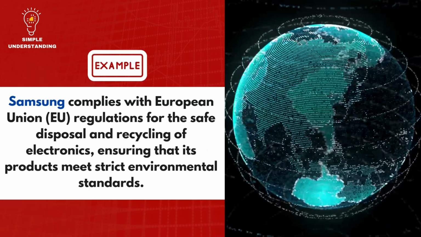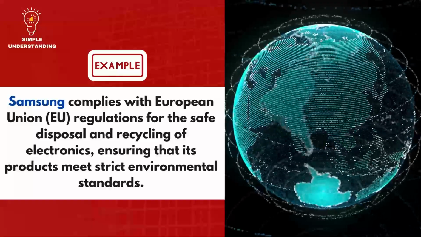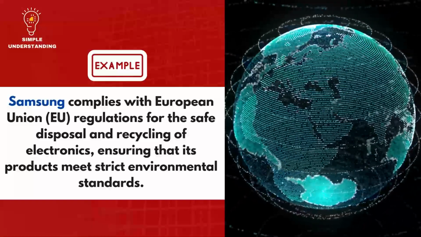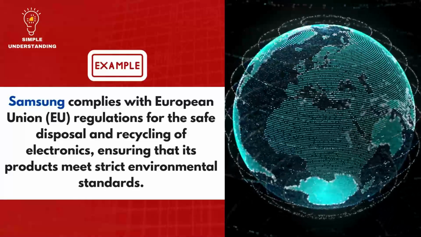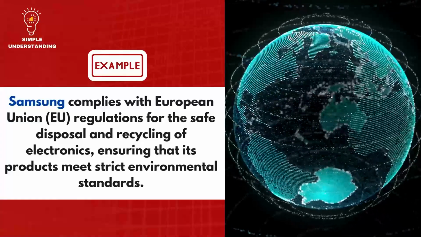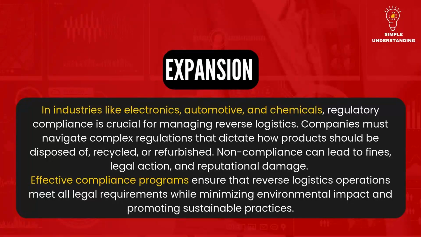Real company example. Samsung complies with European Union (EU) regulations for the safe disposal and recycling of electronics, ensuring that its products meet strict environmental standards. Expansion. In industries like electronics, automotive, and chemicals, regulatory compliance is crucial for managing reverse logistics.